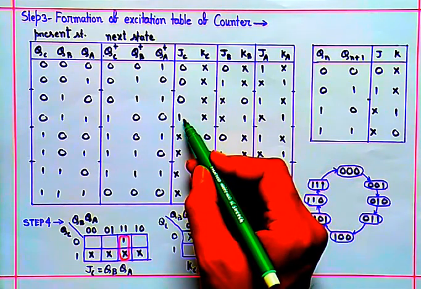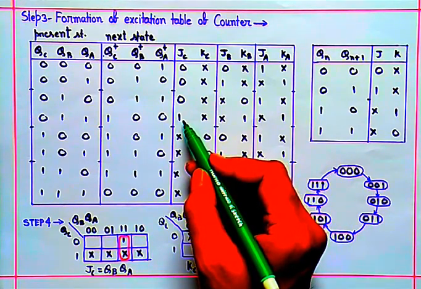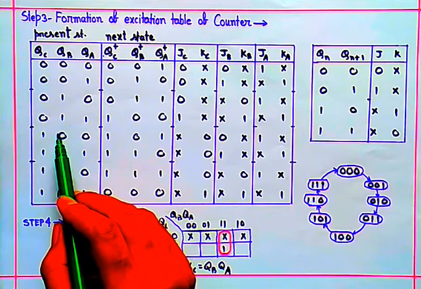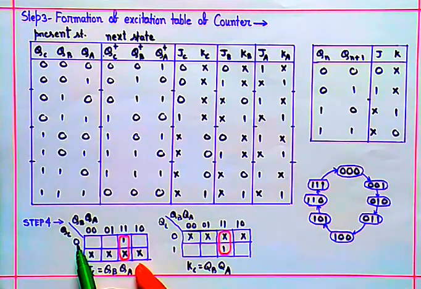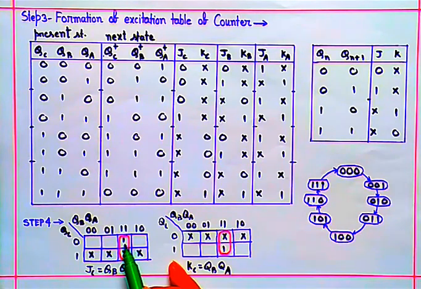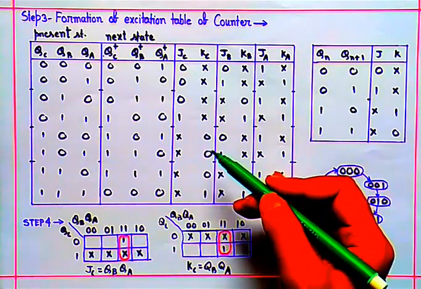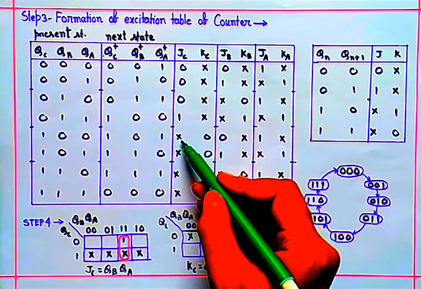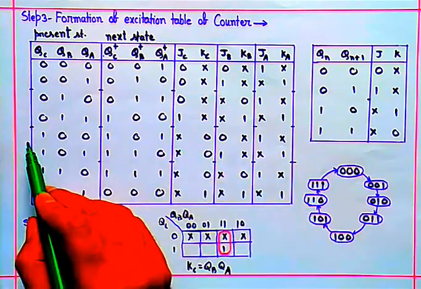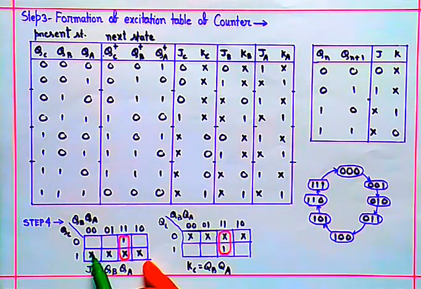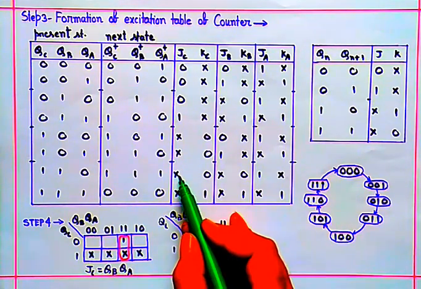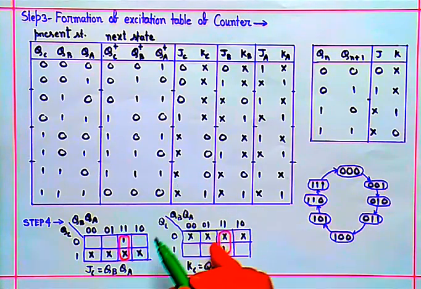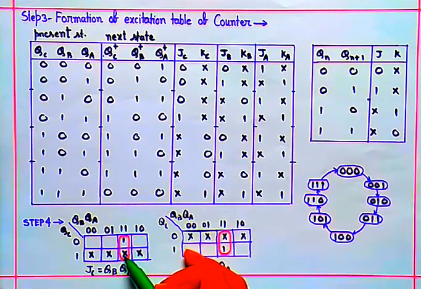Now there is a 1 for the combination QC QB QA 0 1 1 and 1 1 1, so put 1 here. Now there is a don't care for 1 0 0, for 1 0 1, and for 1 1 0.